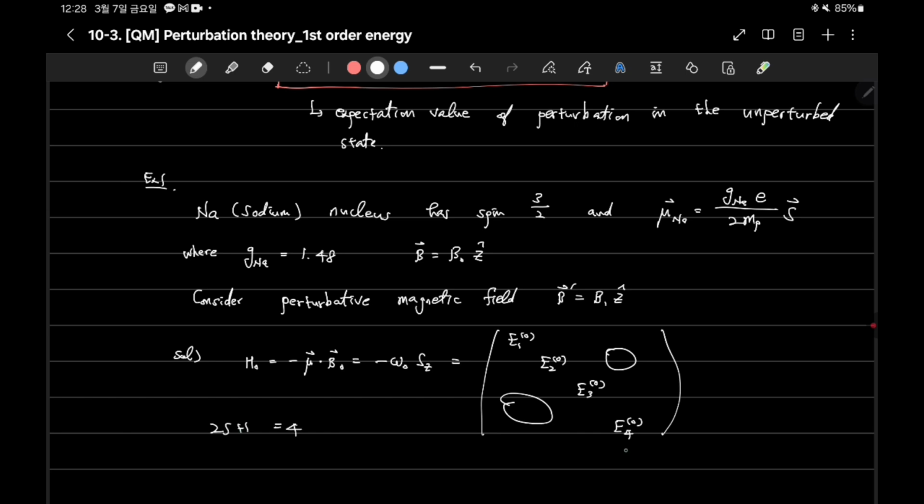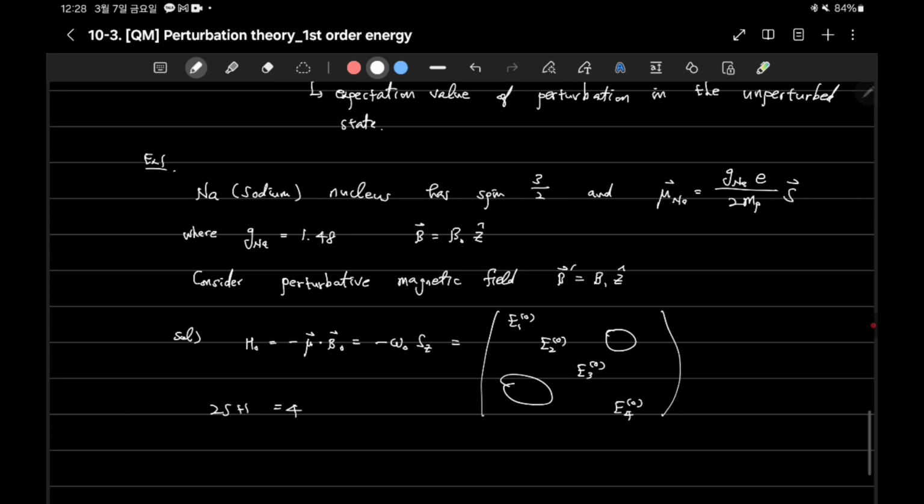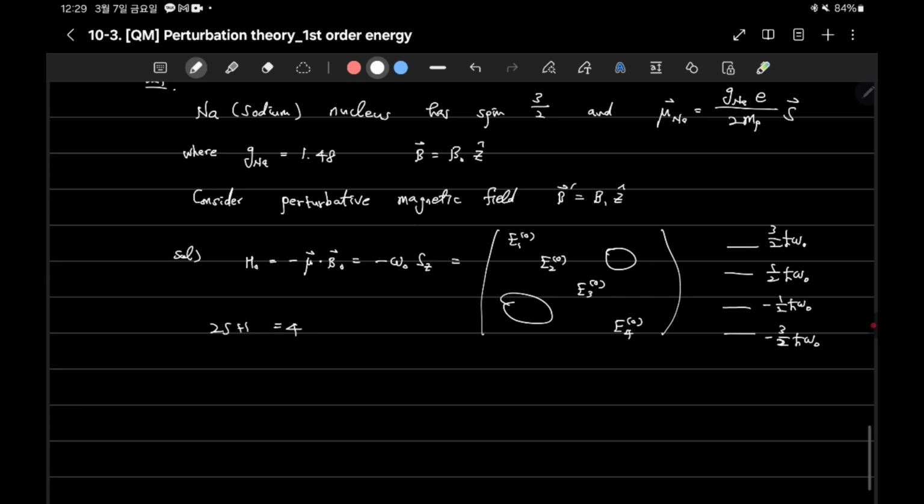That's why there are 4 energy eigenstates: 1, 2, 3, 4. The energies are minus 3/2 h bar omega 0, minus 1/2 h bar omega 0, 1/2 h bar omega 0 and 3/2 h bar omega 0, like this. And we can understand that there are 4 energy levels.